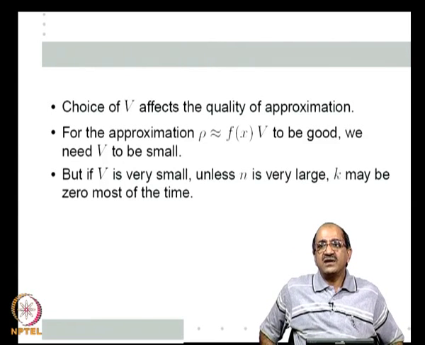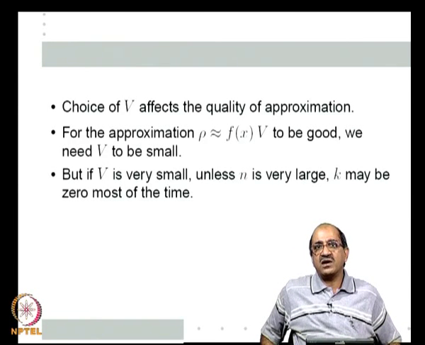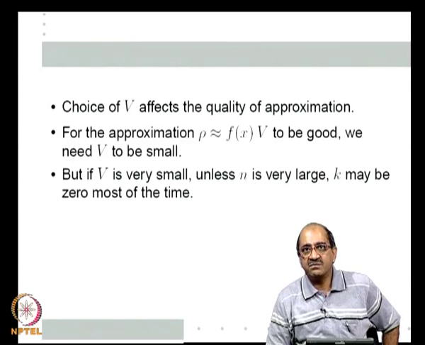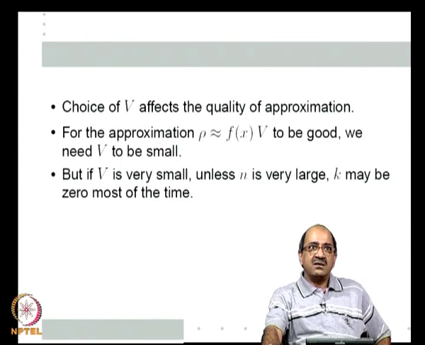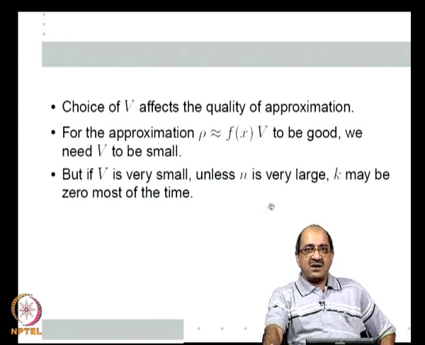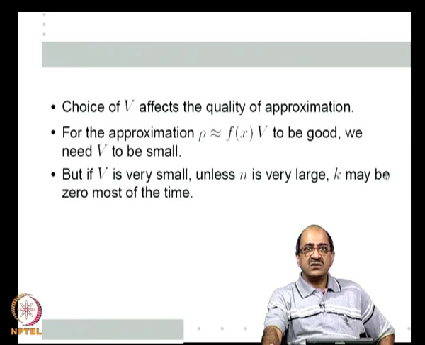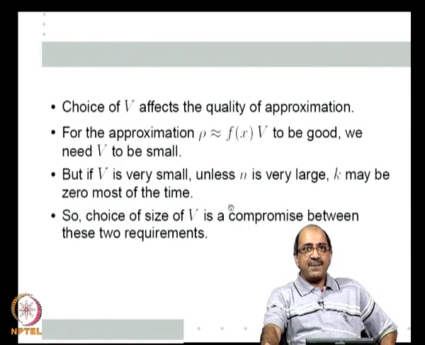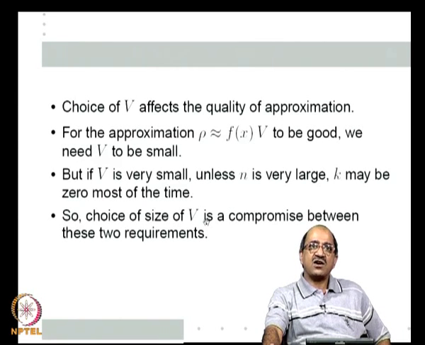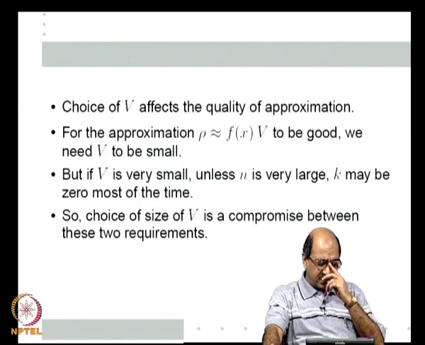If v is very small, the probability of any sample falling there is so small that for moderate n, I may not even have one sample falling there. So, for k by n to be a good estimate of this probability, k should be reasonable, which means v can't be very small. So, in practice, the choice of v is a compromise between these two requirements.